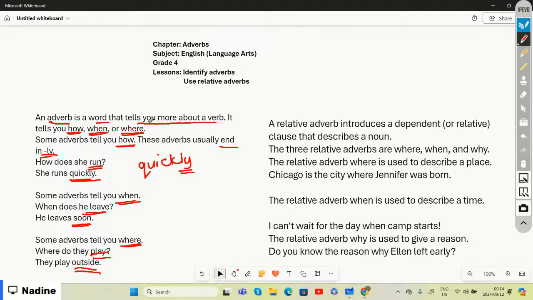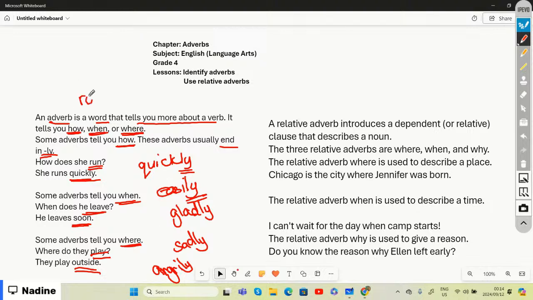We said we can use the word quickly, easily. Remember, it ends in ly. Gladly. We even said sadly, angrily.